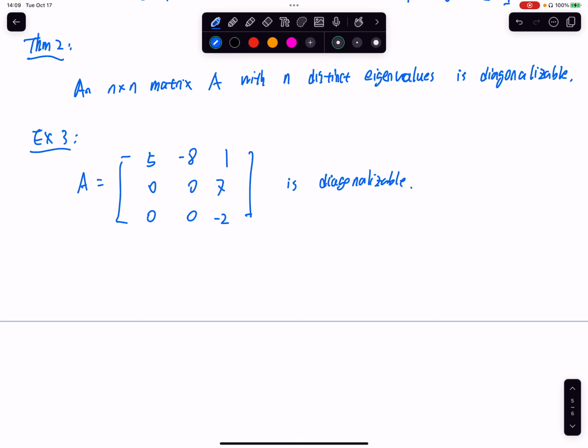Since this matrix is triangular, its eigenvalues are just 5, 0, and minus 2. So yes, it has 3 distinct eigenvalues, so it is diagonalizable by our theorem too.